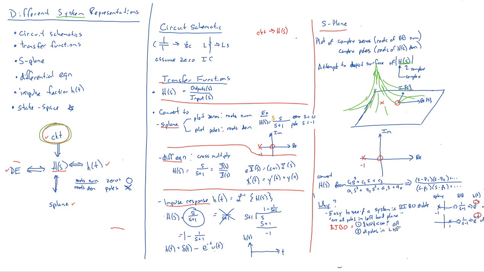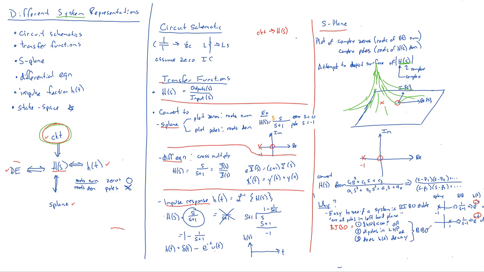And that's both equivalent. Or, let me say this again, does h of t decay? All equivalent to being BIBO stable.